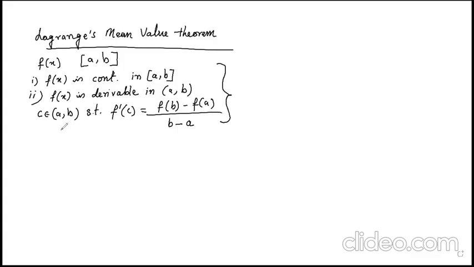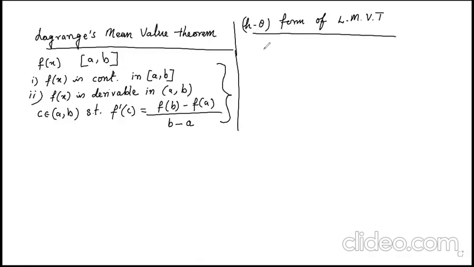Now I'm going for the h theta form. Let us take the h theta form of LMVT. You need not memorize it, you just check it out, you will get it like this only. In the h theta form, what we are doing is replacing b as a plus h.